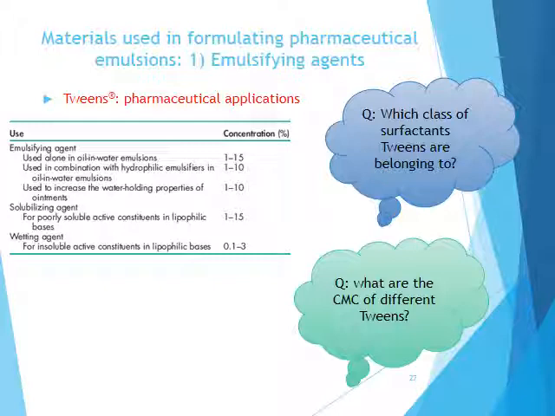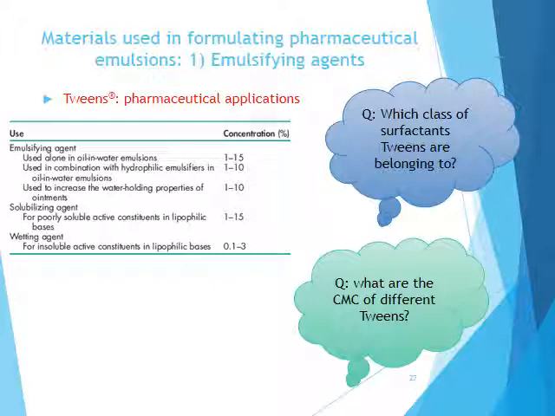Now this slide is showing the pharmaceutical applications of different tweens. It can be used as an emulsifying agent for oil and water emulsions in a concentration of 1 to 15%, in combination with other emulsifiers for oil and water emulsions from 1 to 10%. It is used to increase the water holding properties of ointments from 1 to 10%, as a solubilizing agent from 1 to 15%, and also as a wetting agent from 0.1 to 3%.